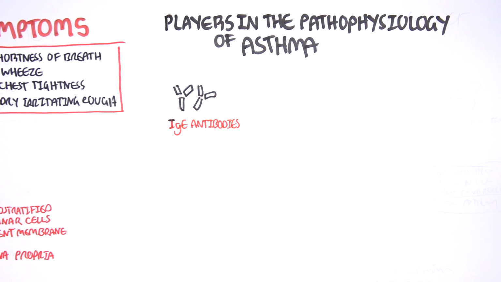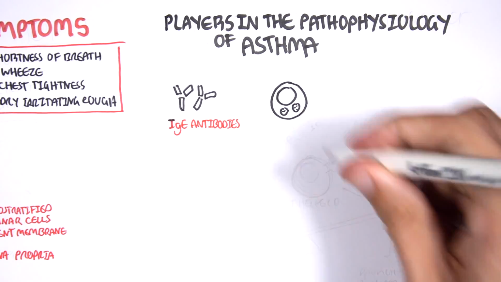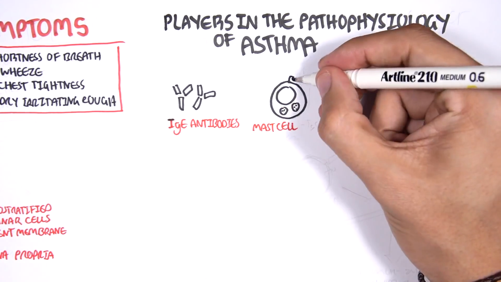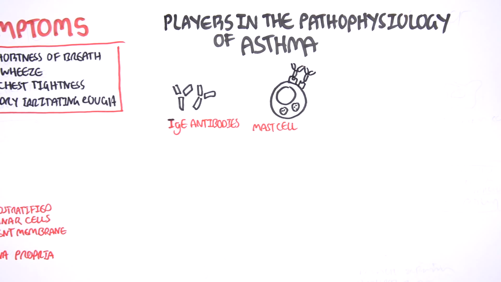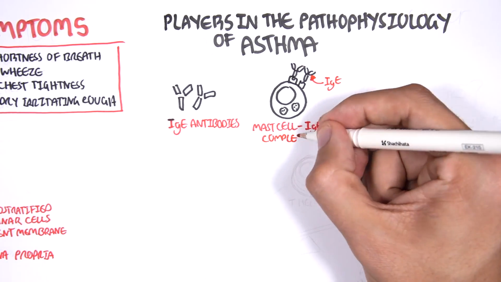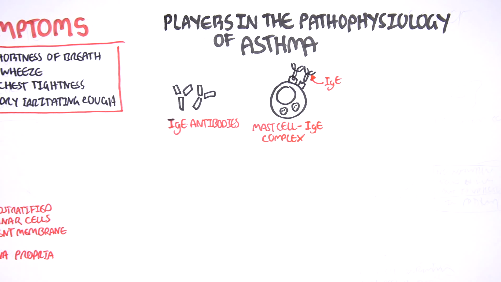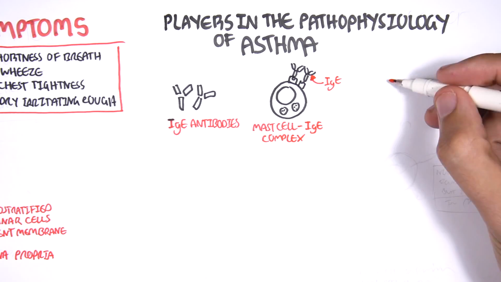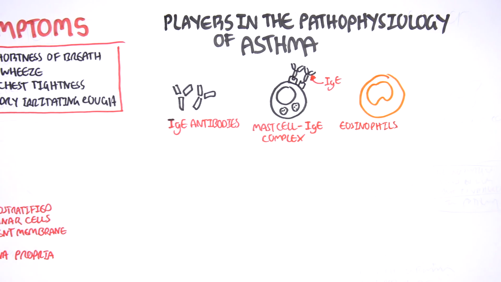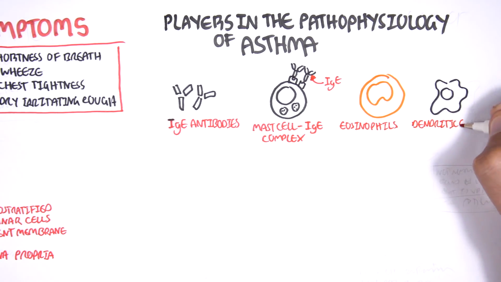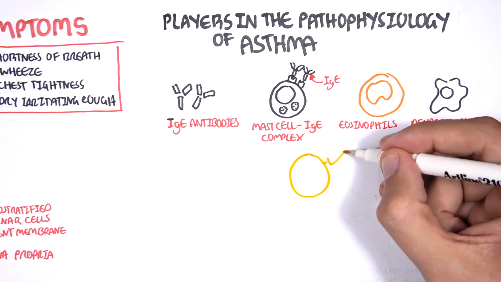Now, IgE antibodies are important because they can bind to receptors on mast cells, forming a mast cell IgE complex. The mast cell IgE complex will recognize allergens and essentially begin releasing heaps of histamine. Other important players in the pathophysiology of asthma include eosinophils, dendritic cells, as well as T helper cells.